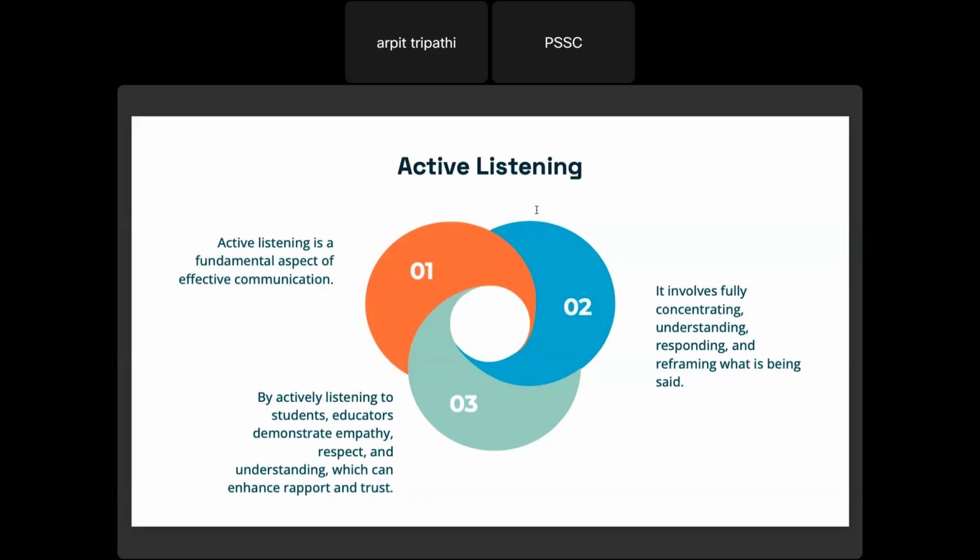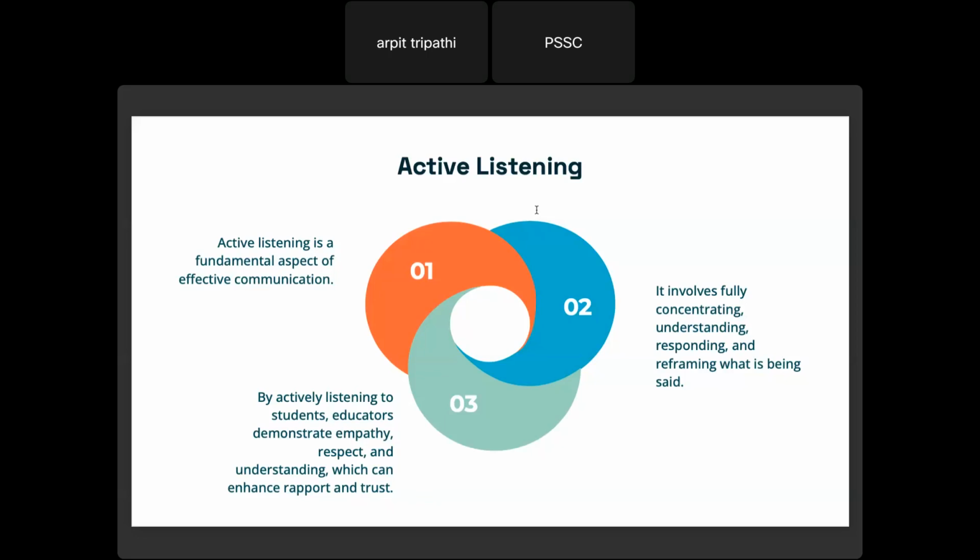But if I have understood the conversation, it means I have heard it, understood what was being discussed, and clarified things. They are then more likely to engage actively in learning, participate in classroom discussions, and seek guidance when needed.